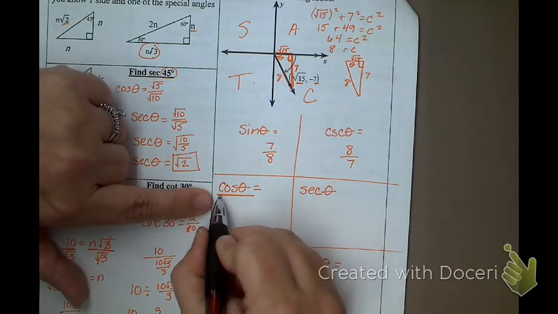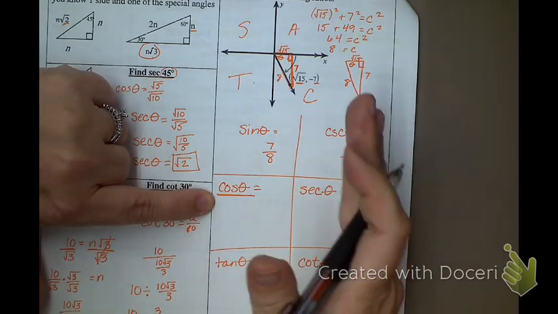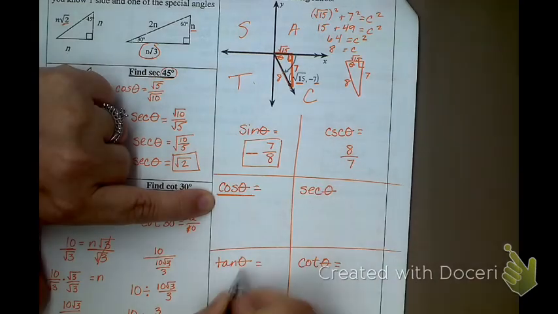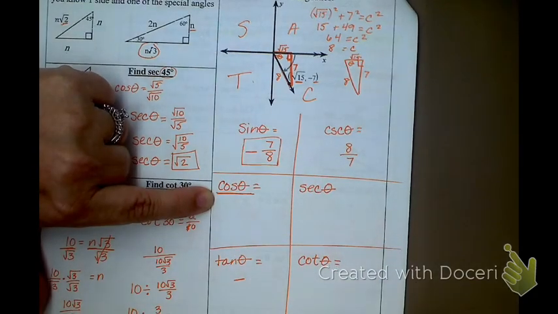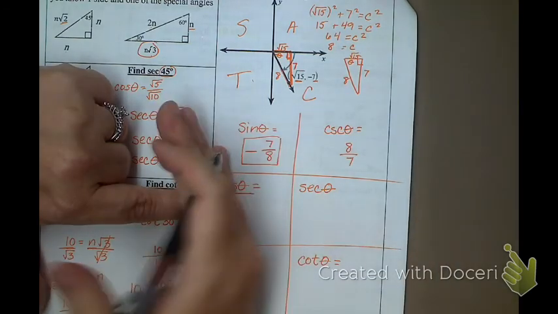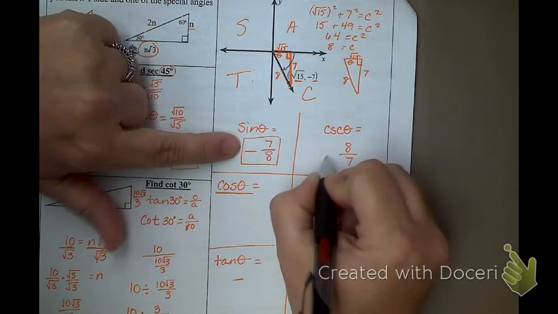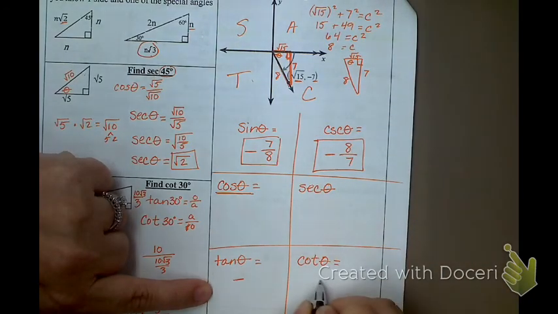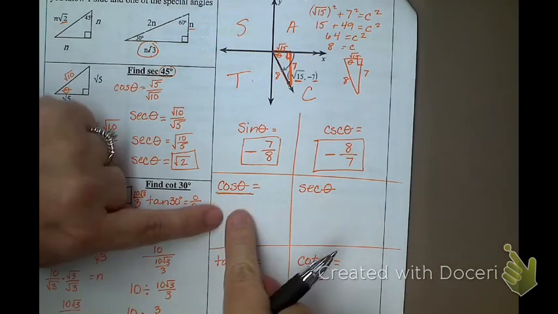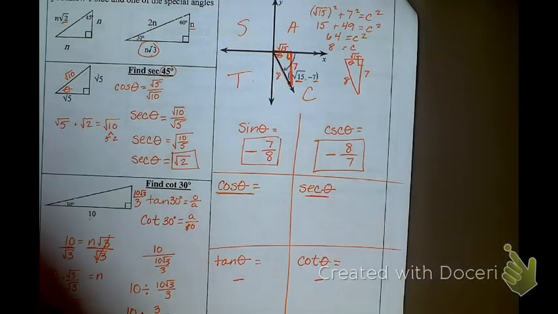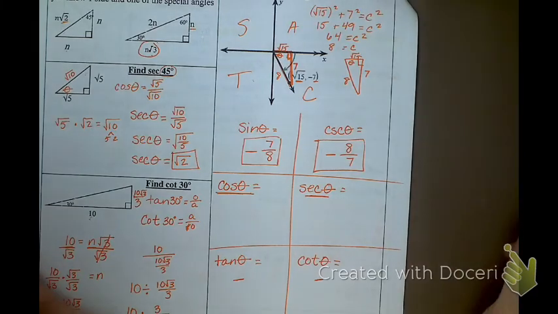So in other words, sine is going to be negative, and tangent is also going to be negative. Reciprocal functions follow the function that they are a reciprocal of. So if sine is negative, cosecant is also negative. If tangent is negative, cotangent is also negative. If cosine is positive, secant is also positive. So these two are my only positive ones in that quadrant.